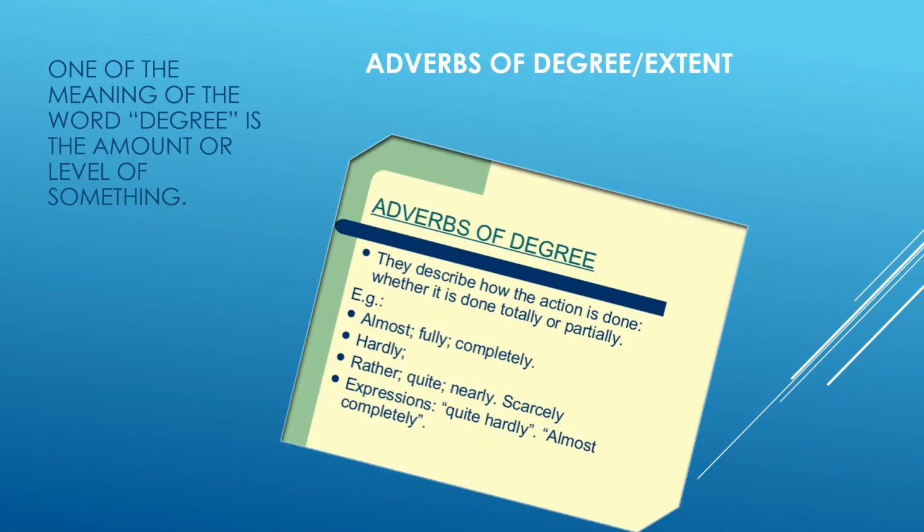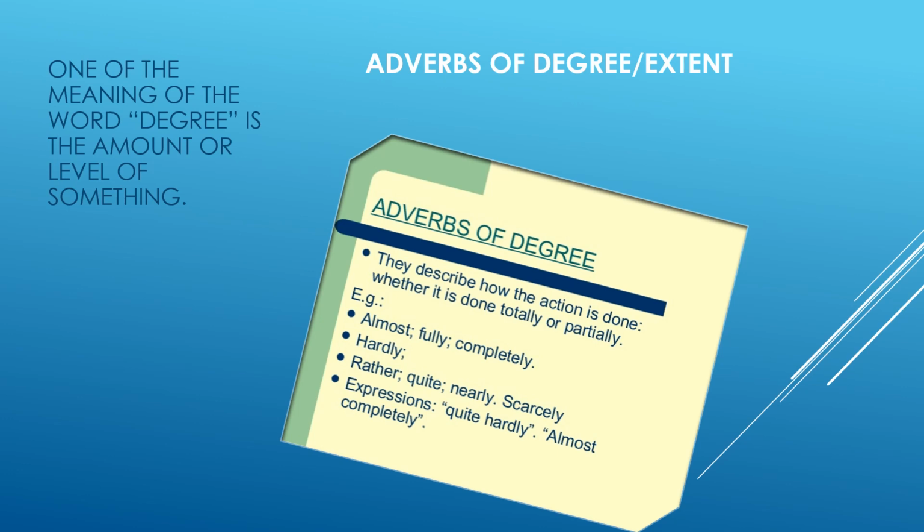So, in this chapter, in fifth standard, we are going to learn about, first of all, adverbs of degree or extent. So, what is degree? Degree is one of the meanings of that word. Degree is the amount or the level of something. What is the amount? What is the level of work? What is the amount of a thing? This comes under adverbs of degree.